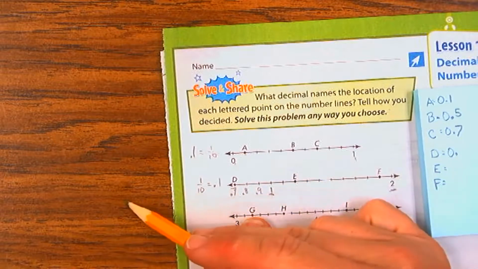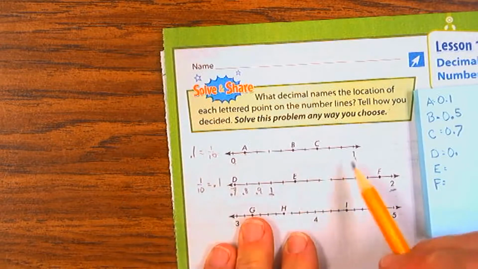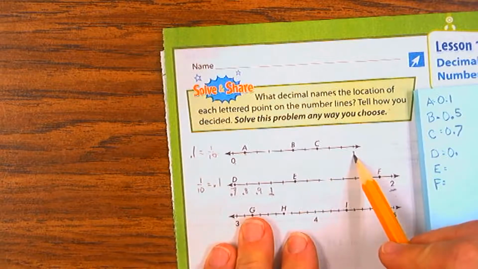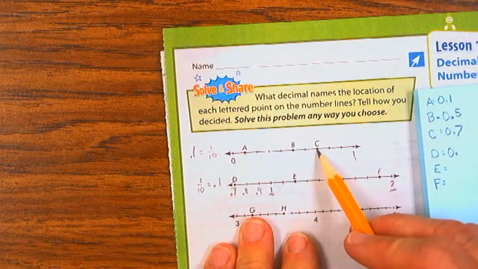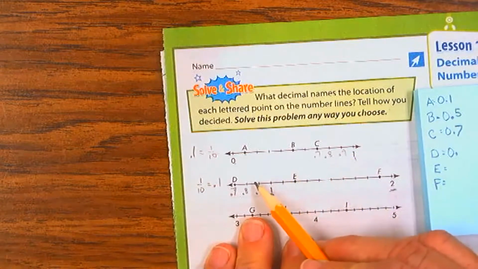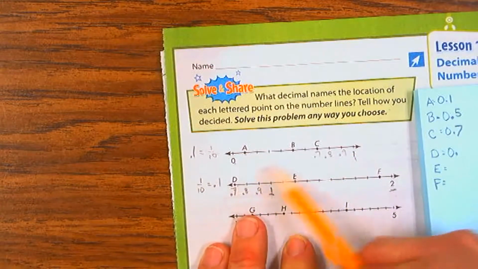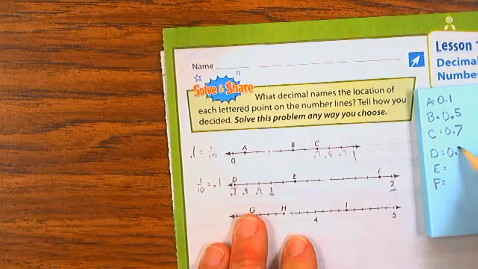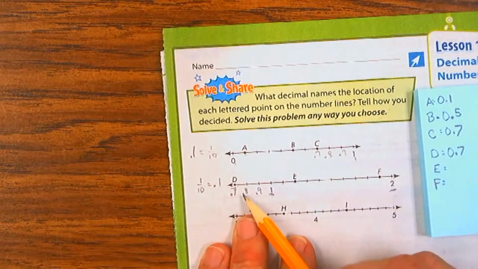I could keep going all the way down to 0. Okay, this is similar to here. We said C was 7/10, so this would be 8/10, and this would be 9/10. So even though the number lines are different, C and D are actually equal to each other.